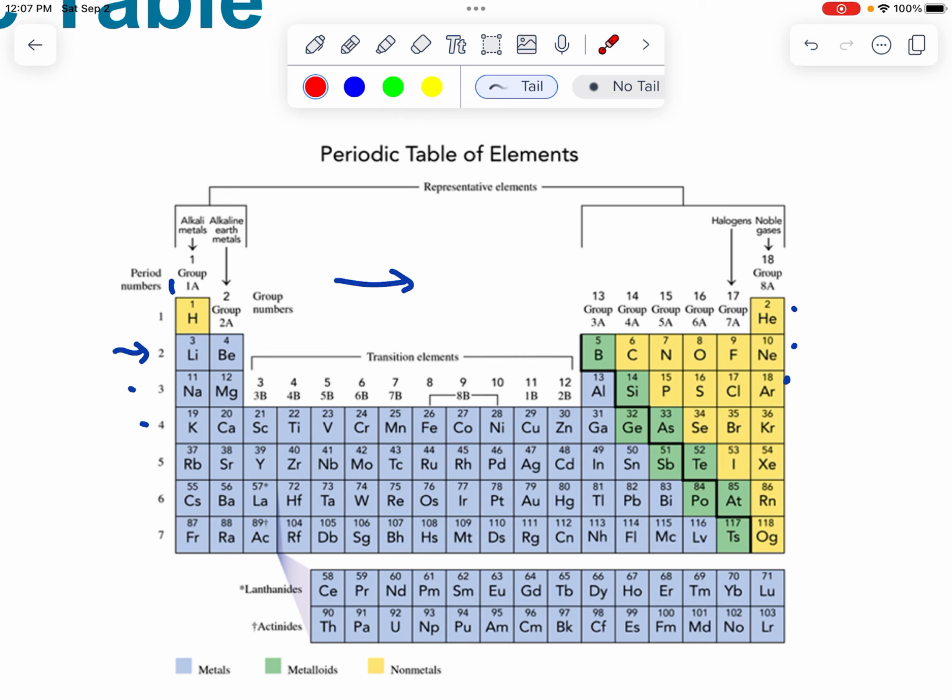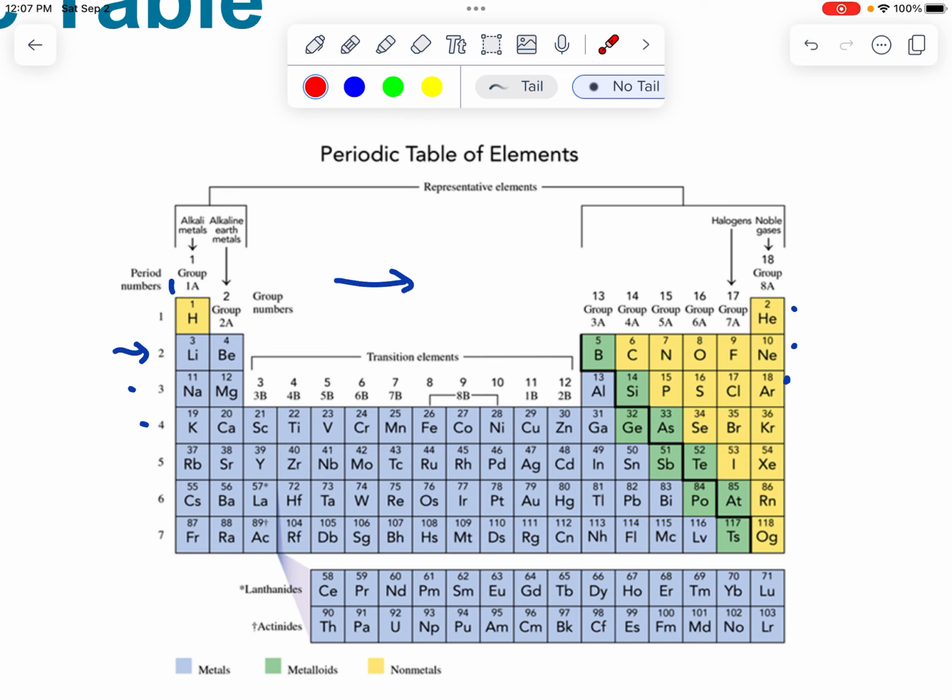So for example, potassium and sodium behave more alike than potassium and calcium. Oxygen and sulfur behave more similarly than oxygen and nitrogen.